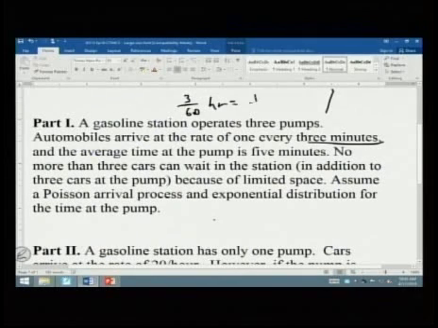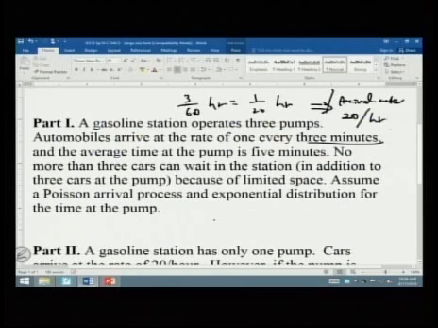Which is 1 over 20 hour. So from here, we can see that the arrival rate of the vehicle is 20 per hour. Is that right?